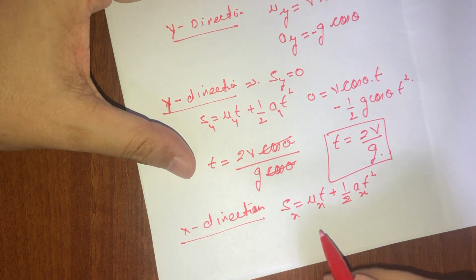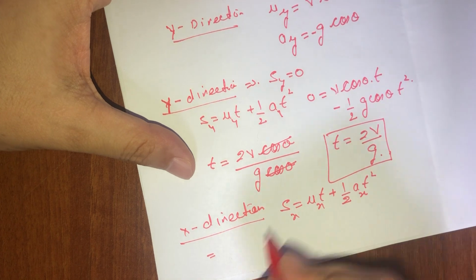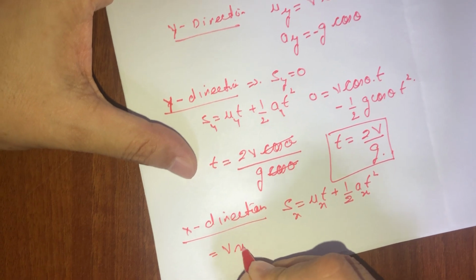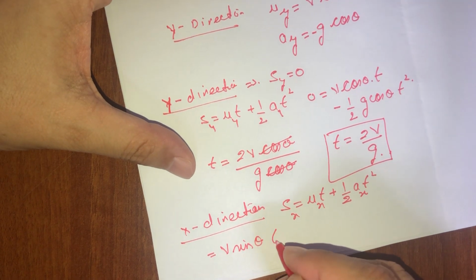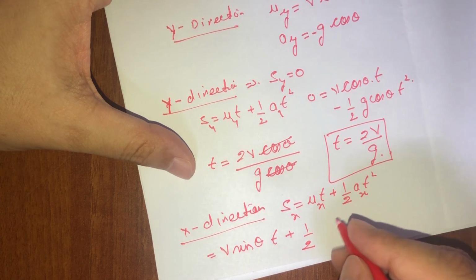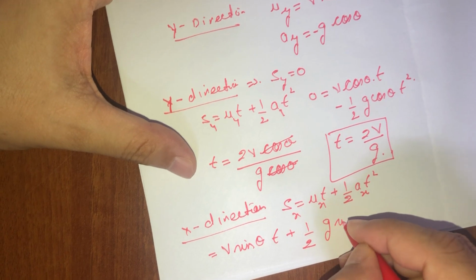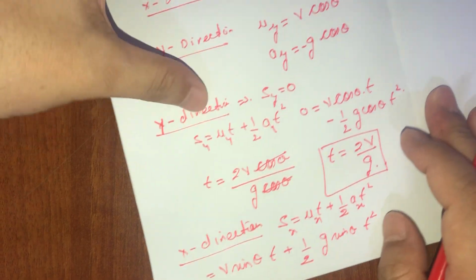So s of x is equal to u of x is v sin theta. So we get this as v sin theta multiplied by t plus 1/2 a of x is g sin theta, so we get g sin theta t square.